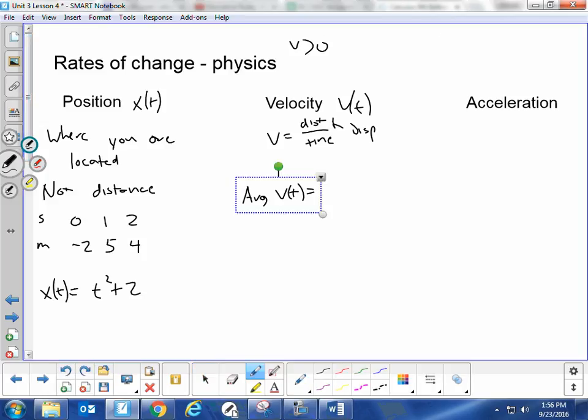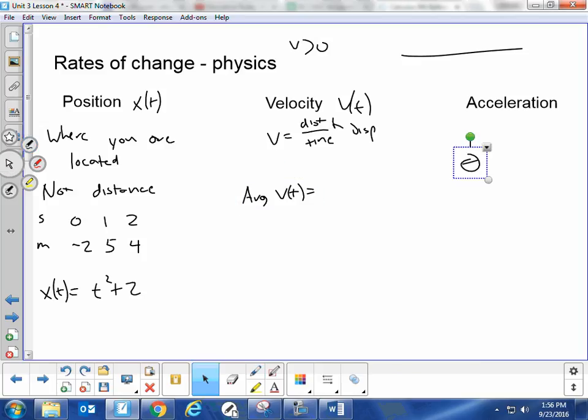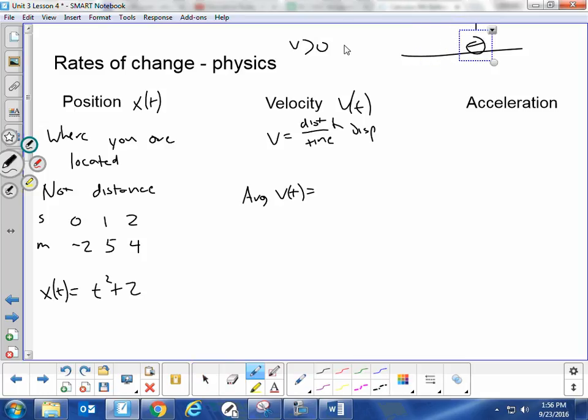If velocity is positive, here's my number line, here's an object, my object is moving to the right. Or we could say we're moving up on a y-axis. Typically, we go on an x-axis. If my velocity is negative, I'm moving to the left. Make sure you write that down. Velocity positive, I'm moving right or up. If my velocity is negative, I'm moving left or down.